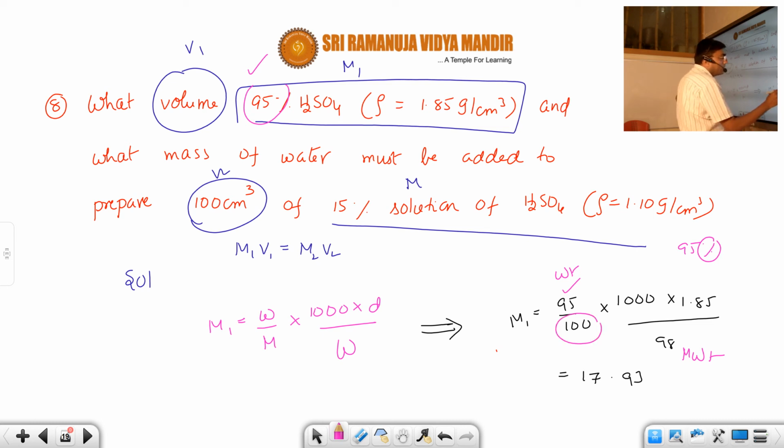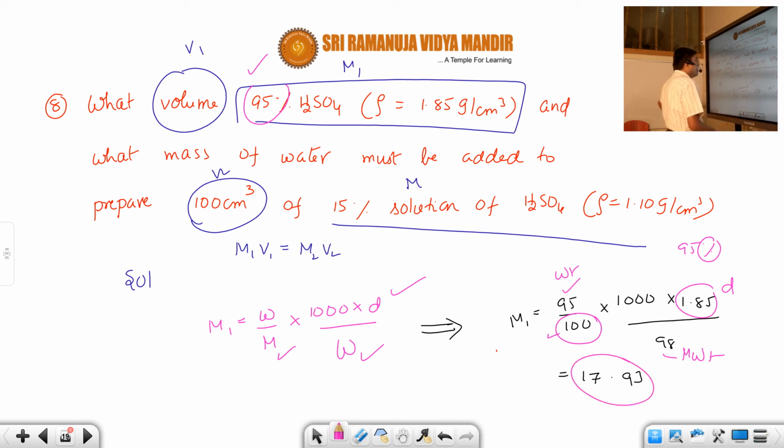So 100 grams of the solution, this is the molecular weight, this is the density. This is the weight, which is how much? 100. The molecular weight I have written here is 98. So how much are we getting? 17.93. So now I got M1. So V1 I have to find. Now I have to find M2 from this value.